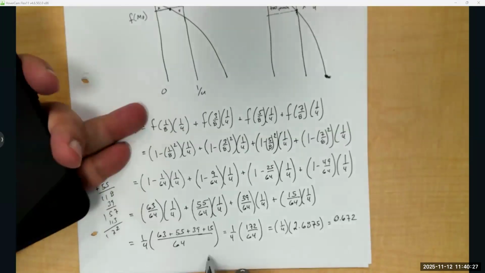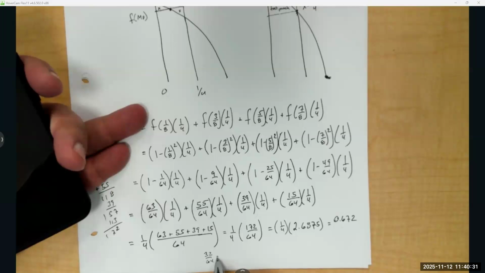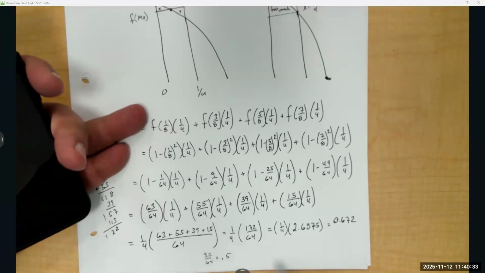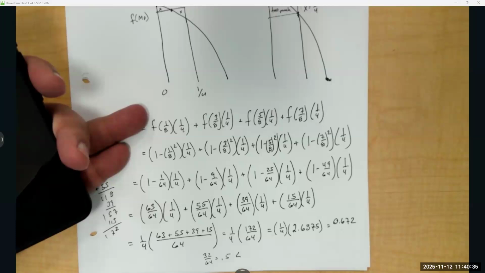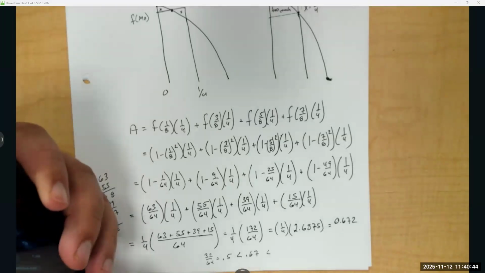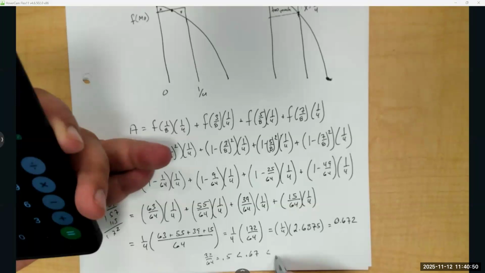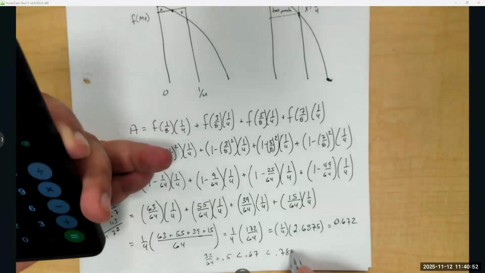Remember, earlier we had 32 over 64, which is 0.5. Now we have 0.67. And the other one was 50 divided by 64, 0.781.